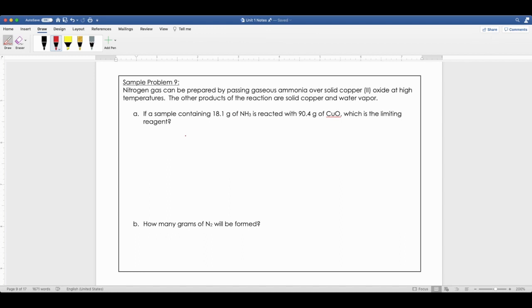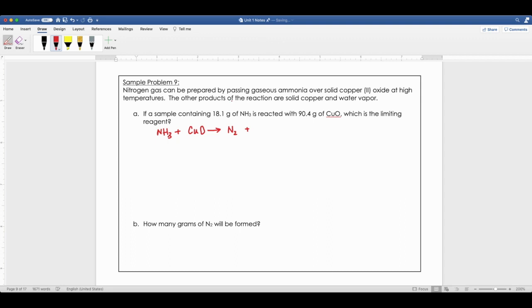So, looks like I'm reacting ammonia, again, which is NH3. So, let's get this reaction written out. And I'm reacting that with copper(II) oxide, which is CuO. And it says nitrogen gas is being produced. So nitrogen gas can be prepared. So that's one of my products.